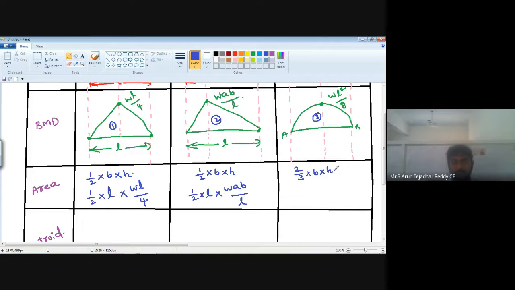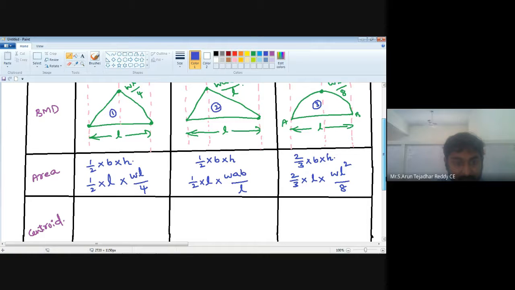Here also the span is L. Now substitute the values: 2/3, base is L, height is WL square by 8, WL square by 8.